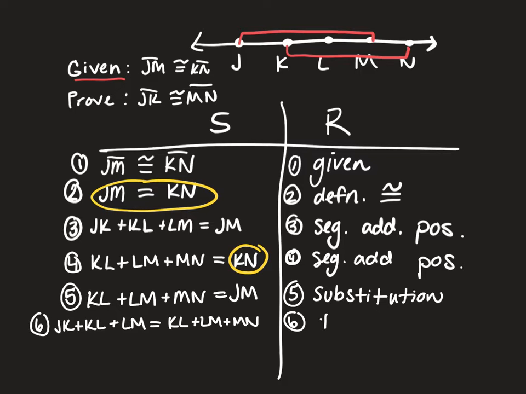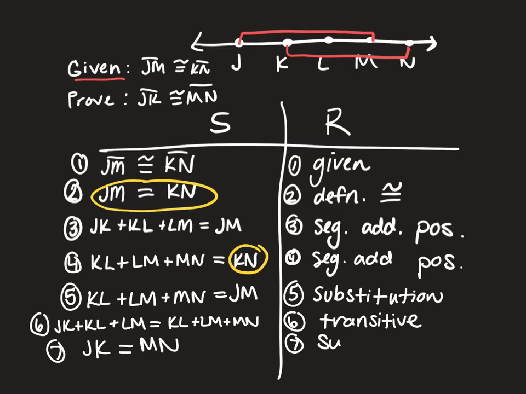And that is the transitive property. And then what do we have that's the same on both sides? Right, so if we subtract those from both sides, then you get JK equals MN.